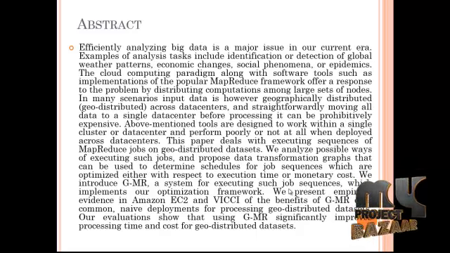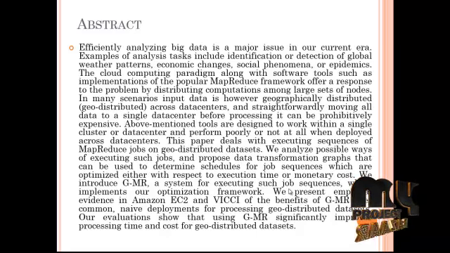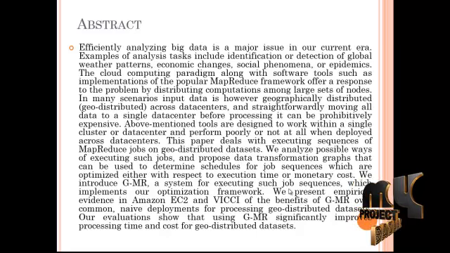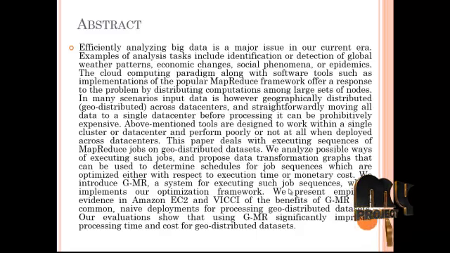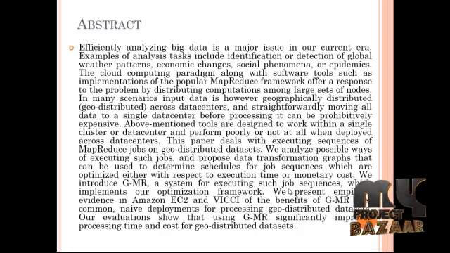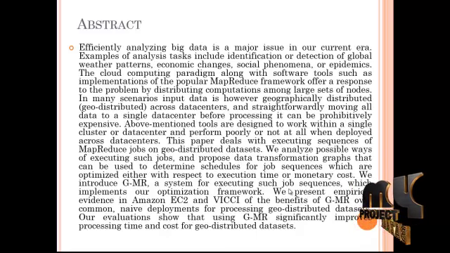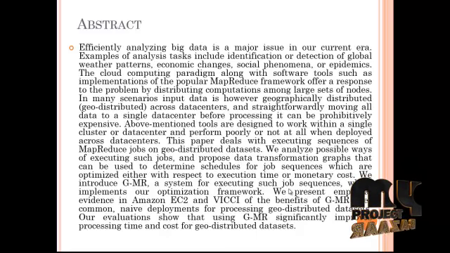We analyze possible ways of executing such jobs and process data transformation graphs that can be used to determine schedules for a job sequence. We introduced GMR, a system for executing such job sequences, which implements our optimization framework.